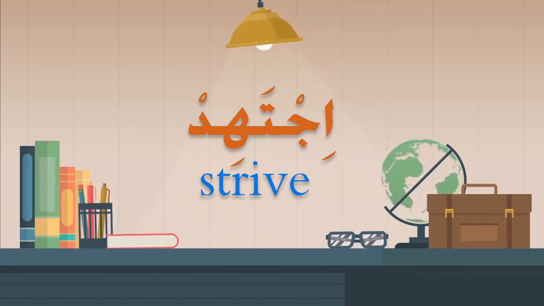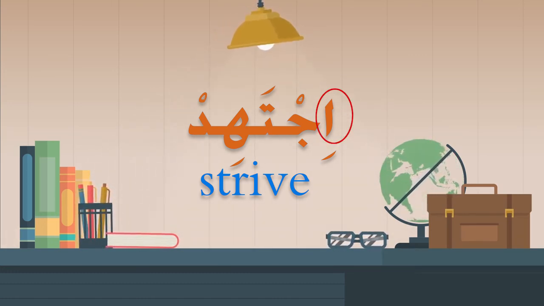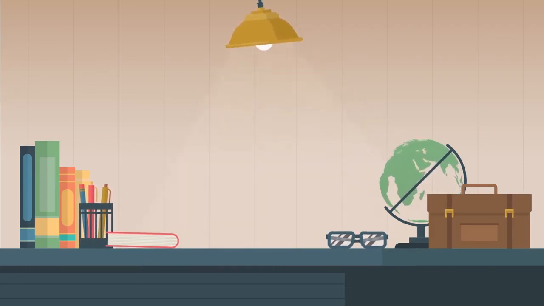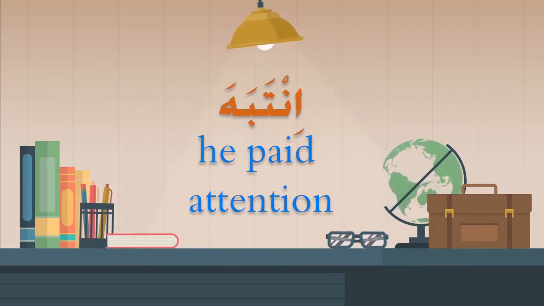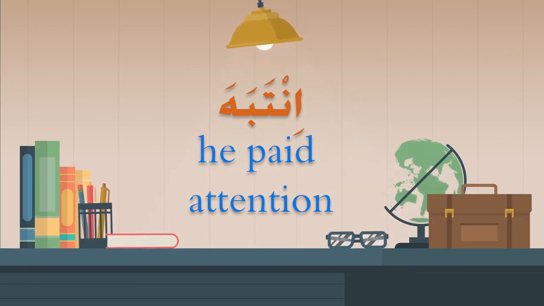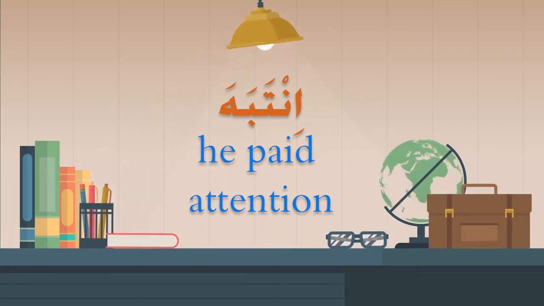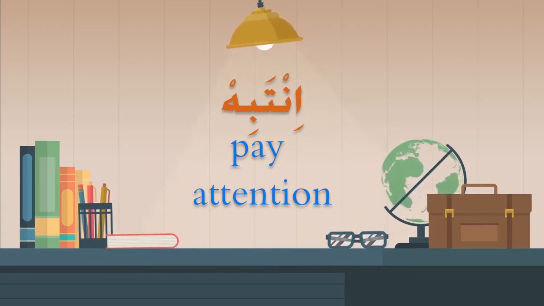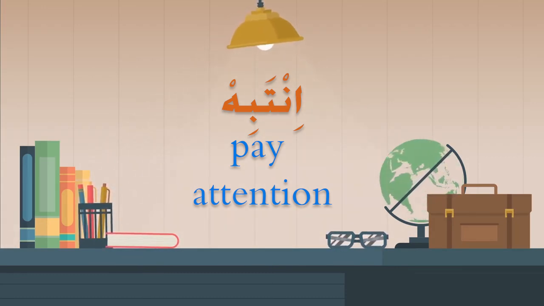So we notice that we have alif without hamza, and this is called hamzat wasl in Arabic. Another example, انتبه, he paid attention. And the imperative of this verb is انتبه. Pay attention. You ask someone to pay attention.